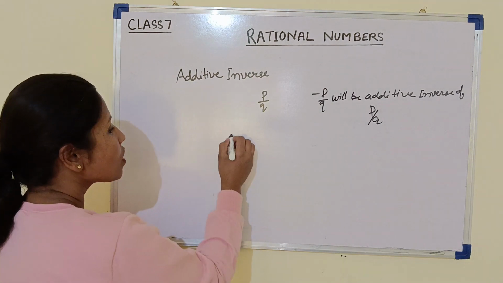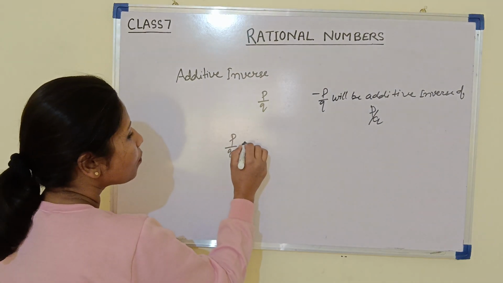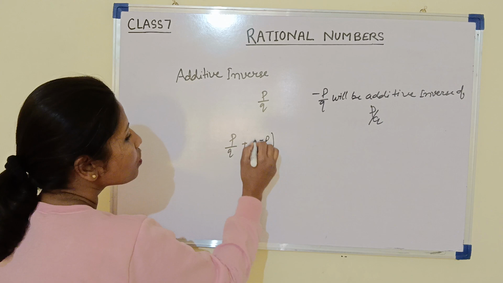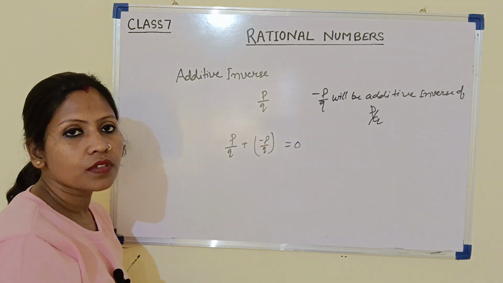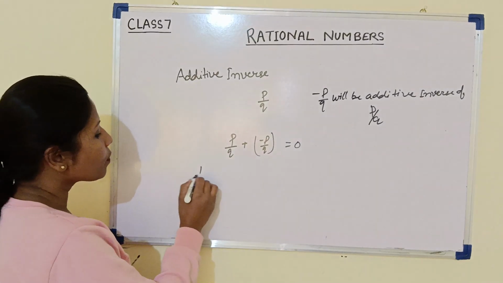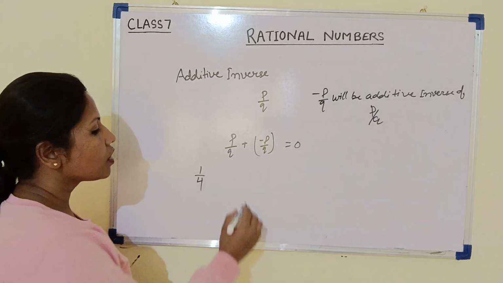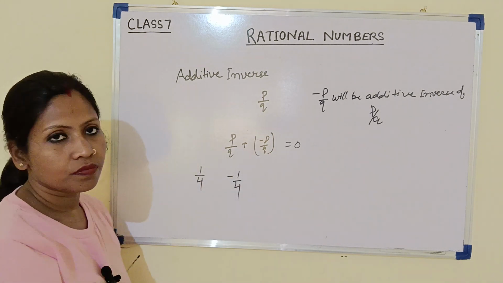Okay, so if you add both numbers, p by q plus minus p by q, you should get 0. So if I ask what would be the additive inverse of 1 by 4, this will be minus 1 by 4. Okay.